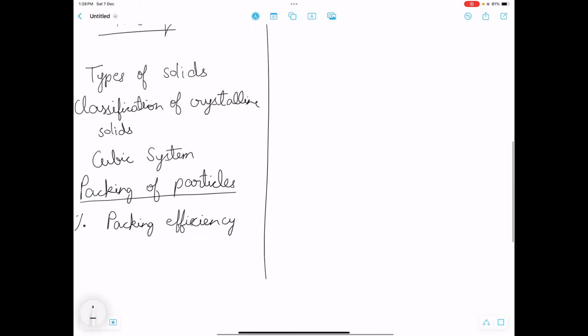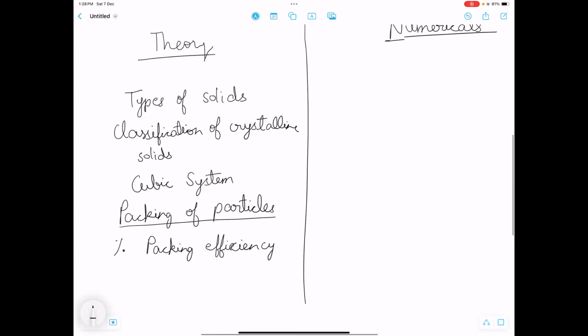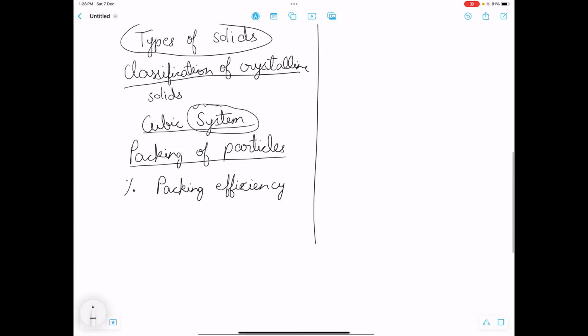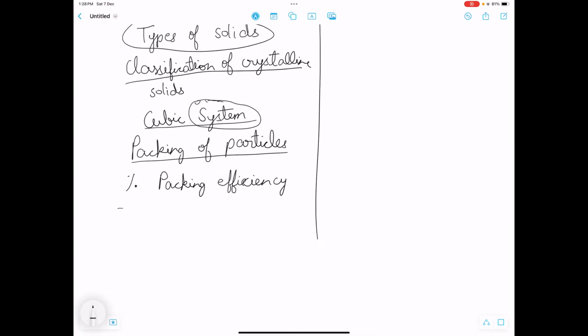Then, after all these things are done, first you talk about types of solids, then classification of solids, then you consider the cubic system, how they are arranged, then how they are packed in that system, and then you consider the efficiency, and then comes the crystal defects.